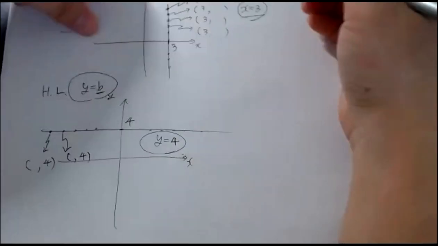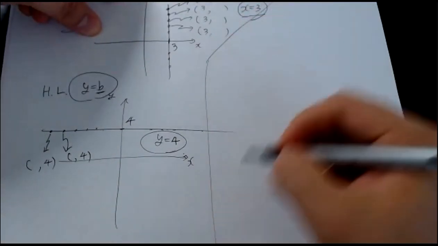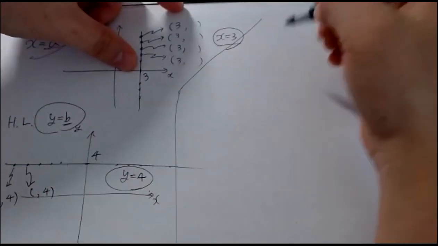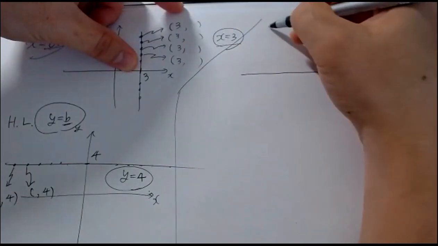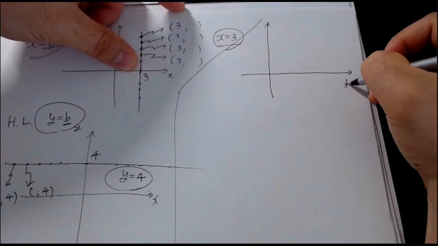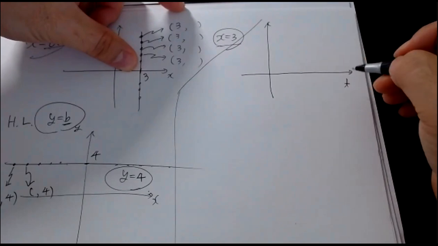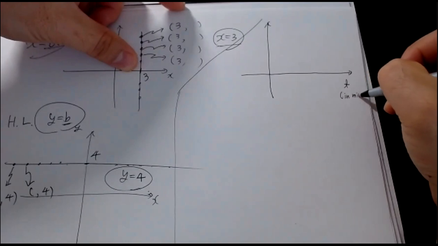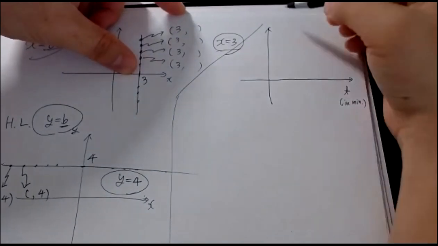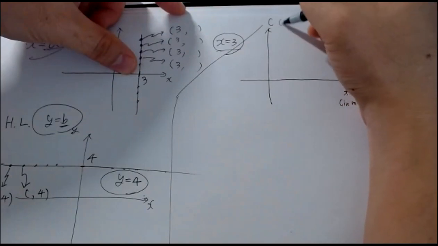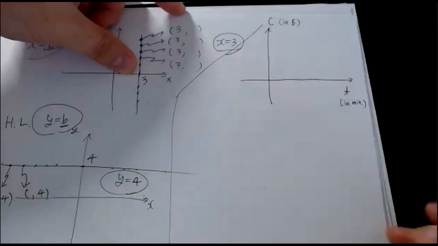So right here, the graph. Let me draw the graph. The x-axis represents time, in minutes. The y-axis represents cost, C. I mean dollars.